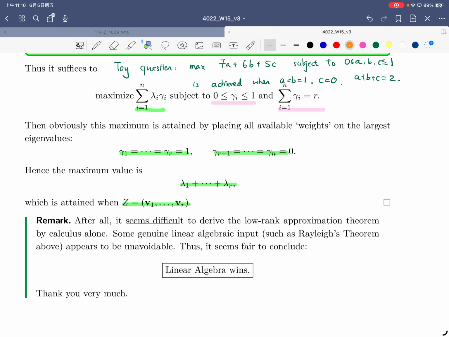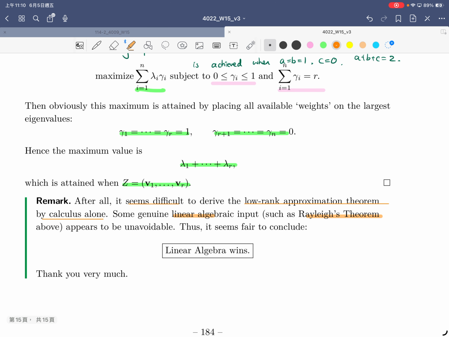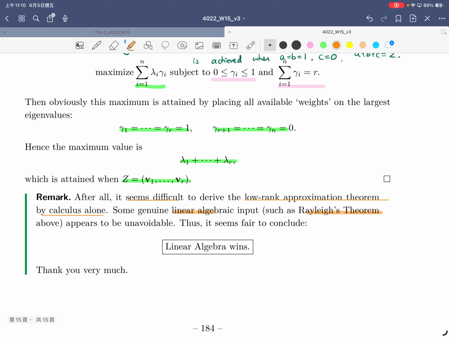But it seems difficult to derive the low-rank approximation theorem by just using calculus. So it looks like some genuine linear algebra input is necessary. For example, when I prove the theorem, I use the spectral theorem. So there's a genuine linear algebra input. That's why learning calculus is not enough. So it's fair to say linear algebra wins.